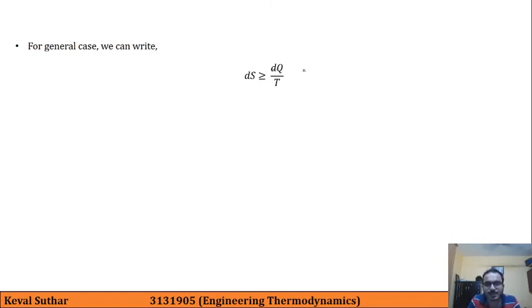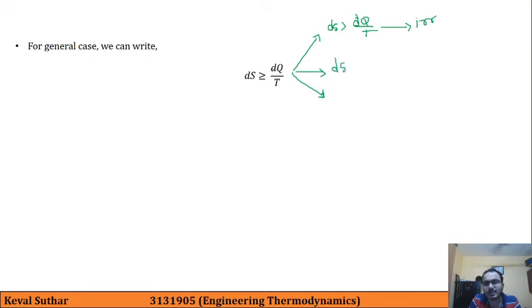So here we can write three different options. dS greater than đQ upon T will be an irreversible process.